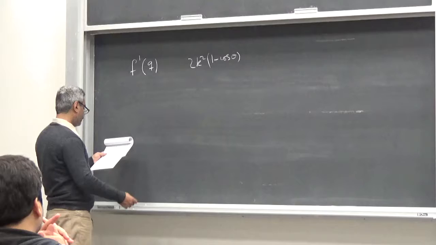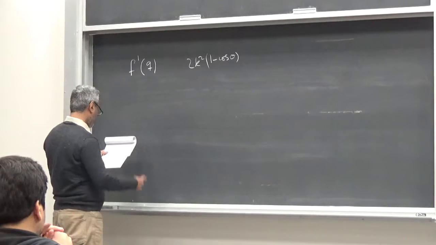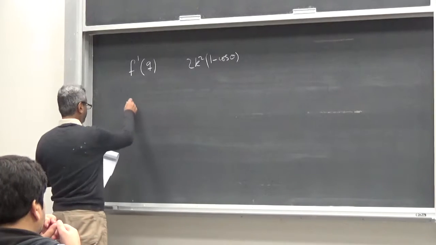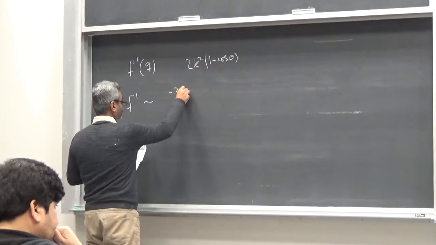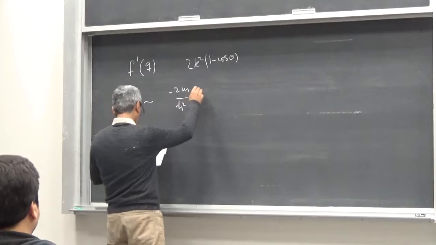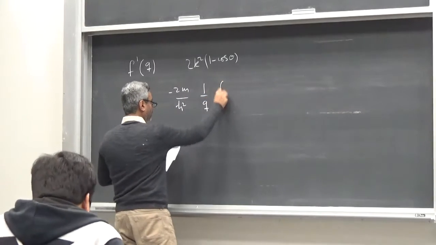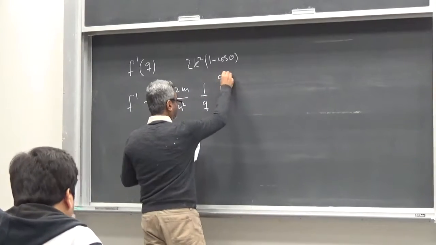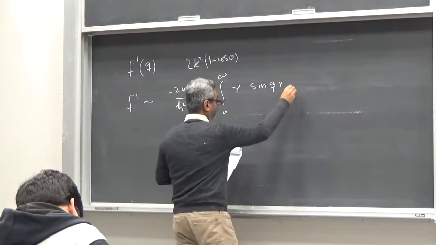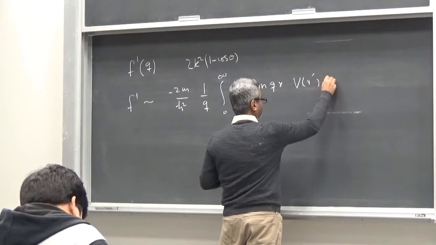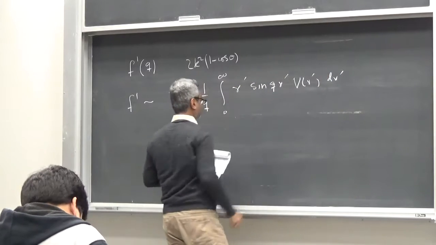Okay. For small k, you can further simplify the formula. For small k, f1 is minus 2m over h cut squared, 1 over q, integral from 0 to infinity of r sine of qr v of r dr, right?